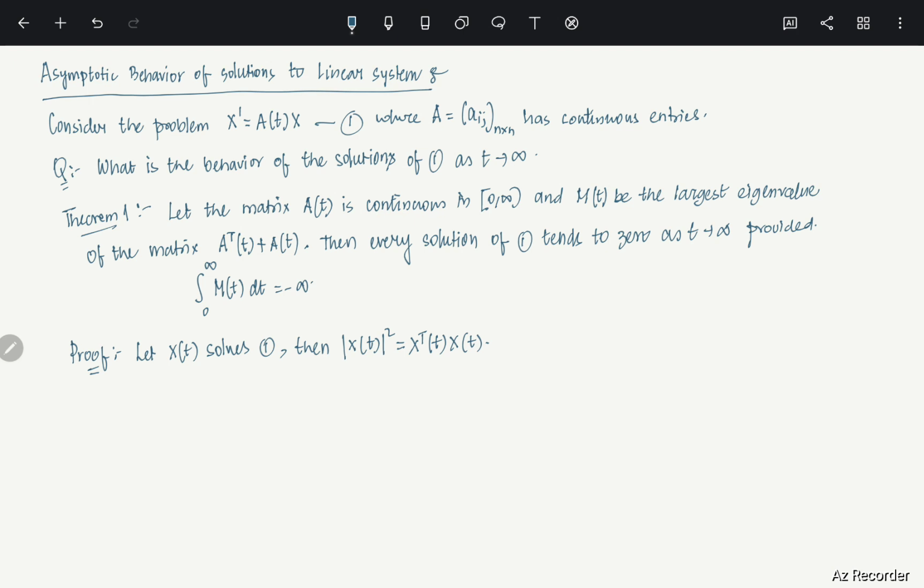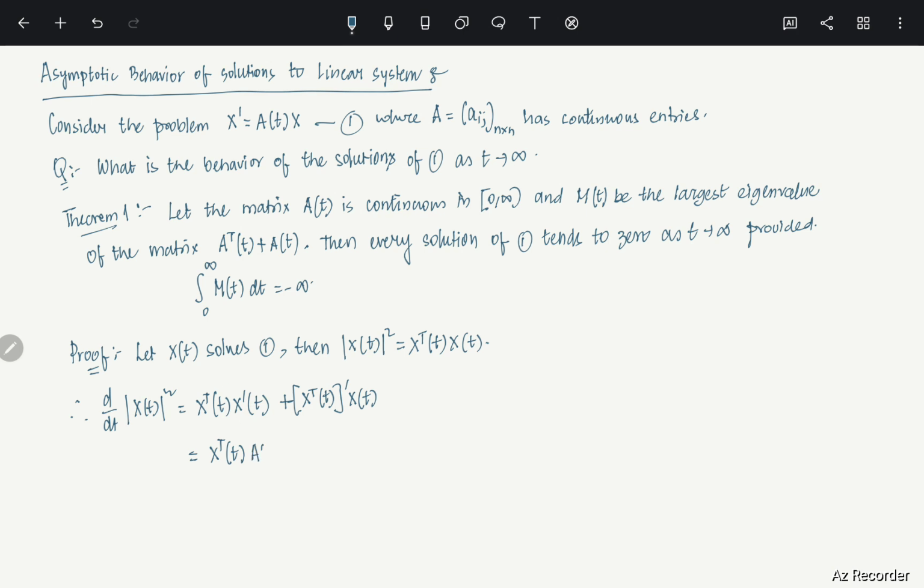Now, therefore, d/dt of |x(t)| squared, what happens to this? This is nothing but x transpose(t) x prime(t) plus the derivative of x transpose(t) times x(t). This will imply that x prime(t) is nothing but A(t) times x, right?